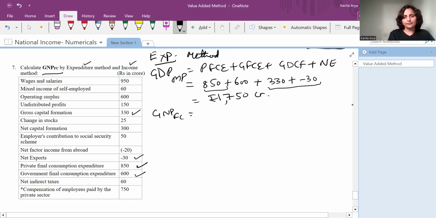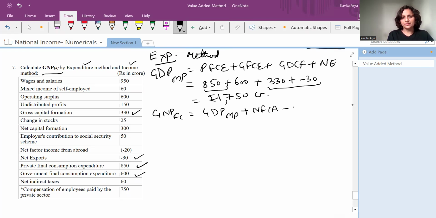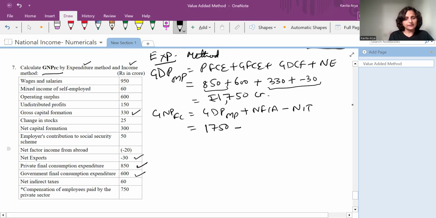GNP at FC. So what would be the conversion like? Conversion would be domestic, add NFIA, and subtract NIT. So from this numerical, add NFIA, net factor income from abroad. So it's the component required, that is as it is to be written. Instead of writing plus, I'm writing minus 20, or I may write plus in bracket minus 20, means the same.